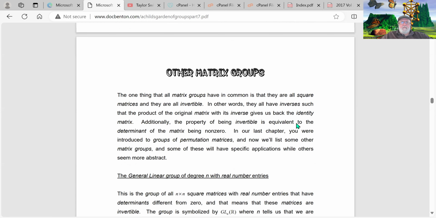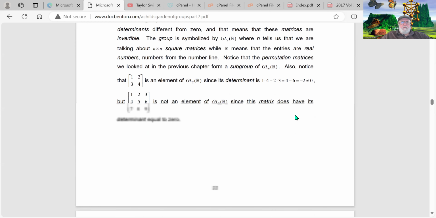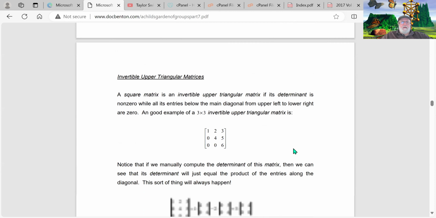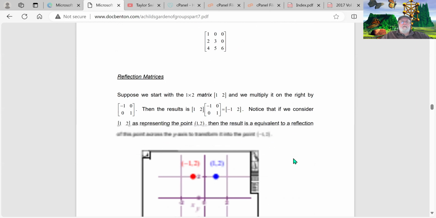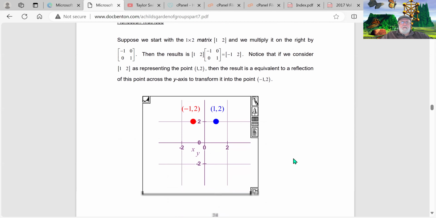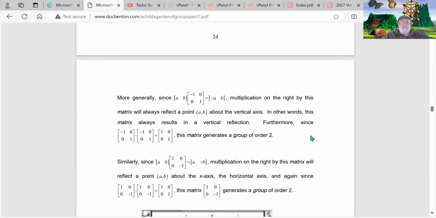Other matrix groups. I talk about the general linear group of degree n with real number entries, invertible upper triangular matrices, invertible lower triangular matrices, reflection matrices. Matrices can be used to create reflections about your vertical or horizontal axis.